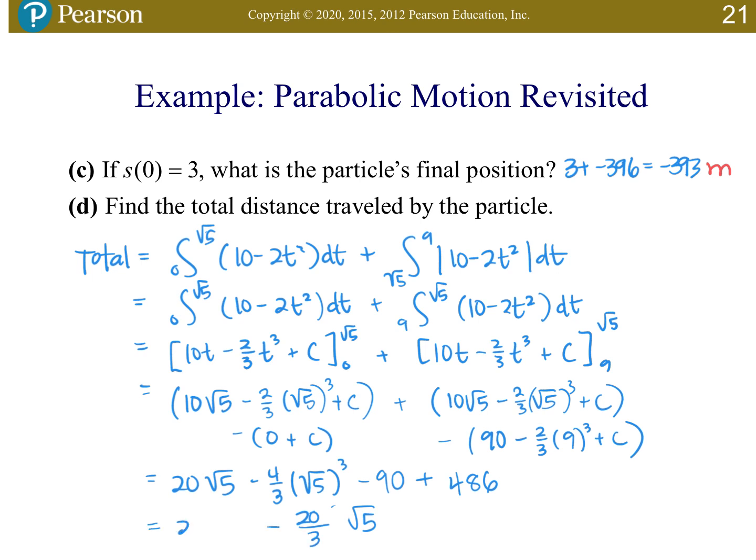So now I've got, these are like terms as well, 20 rad 5s minus 20/3 rad 5s. That would be something I could do, plus 396. So there are ways to simplify this. But altogether we end up with 40 thirds rad 5 plus 396 meters. That's about as good as I can get.